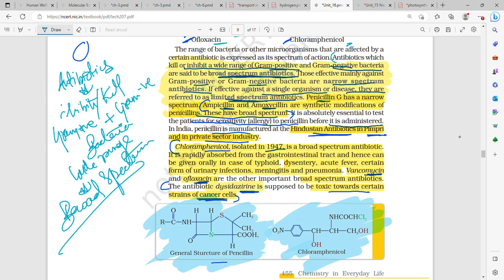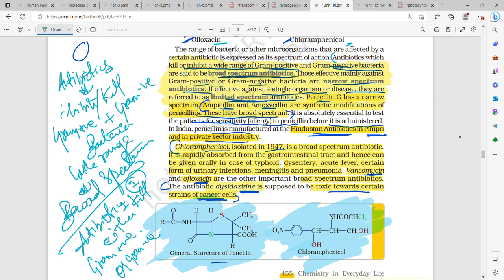And those antibiotics which kill either gram-positive or gram-negative, that is either one only, are called narrow spectrum.